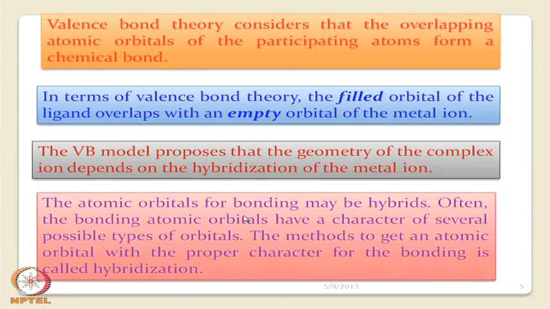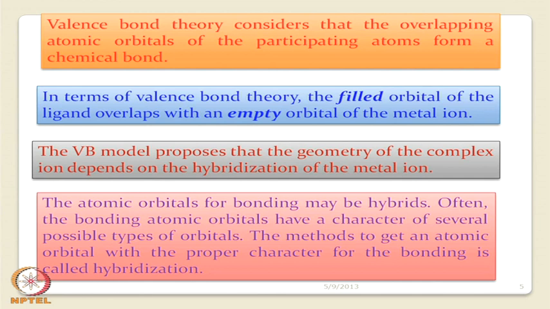So, the atomic orbitals for bonding may be hybrids. Often the bonding orbitals have a character of several possible types of orbitals. The method to get an atomic orbital with the proper character for bonding is called hybridization.